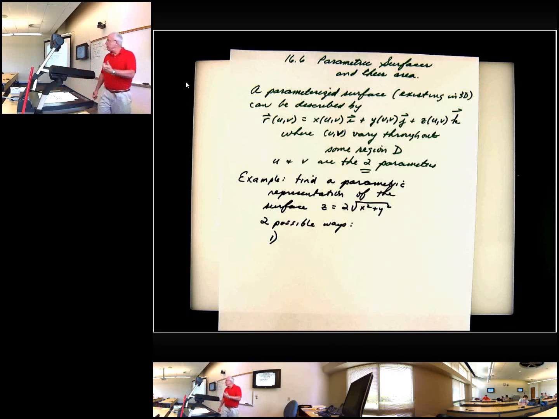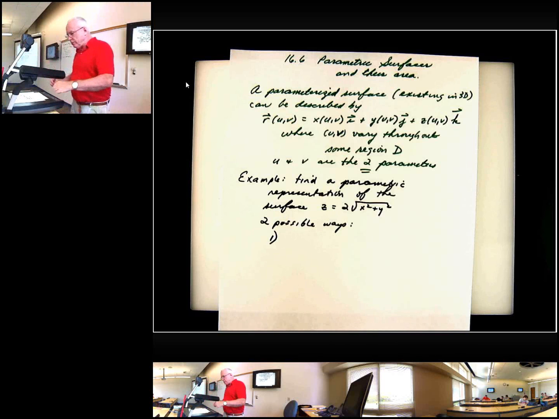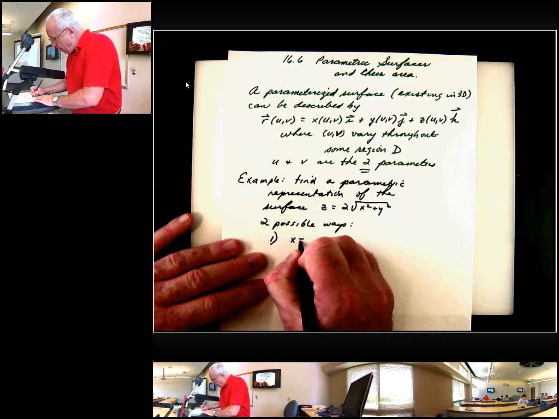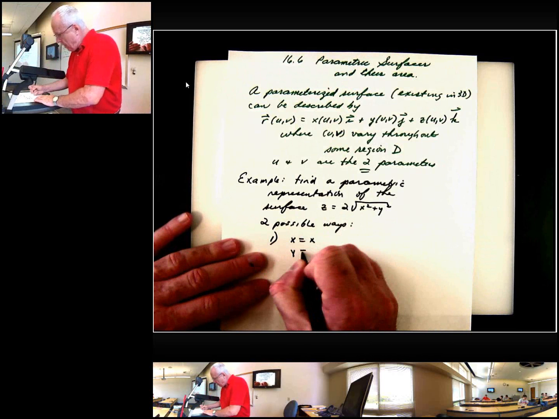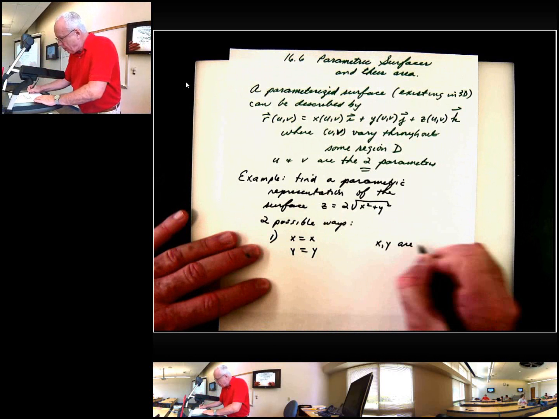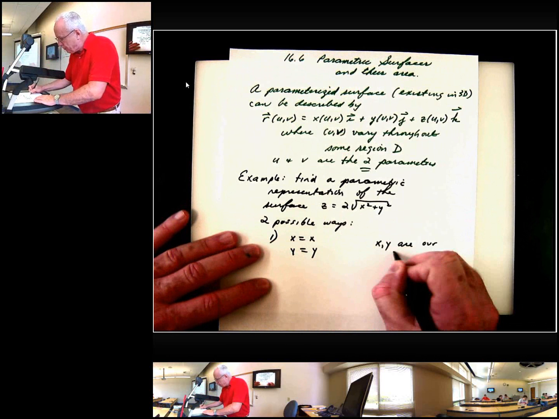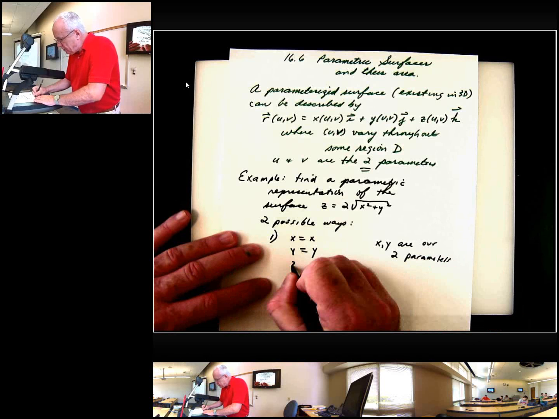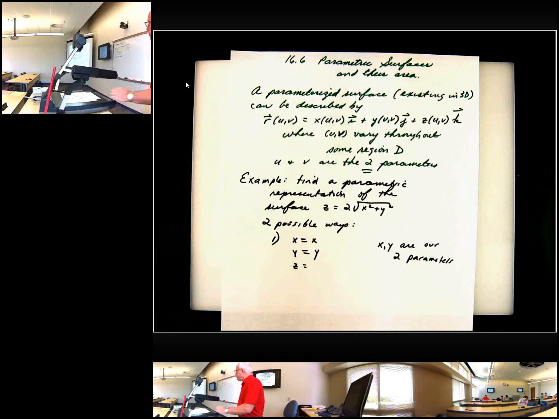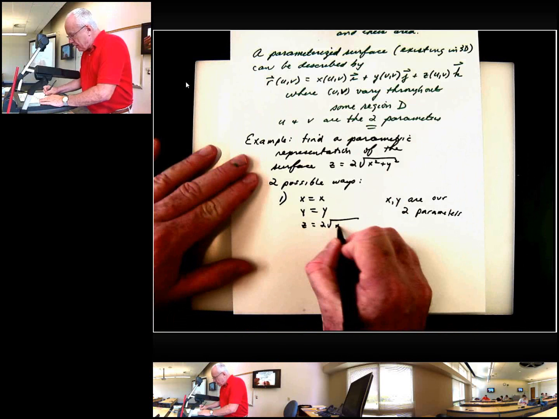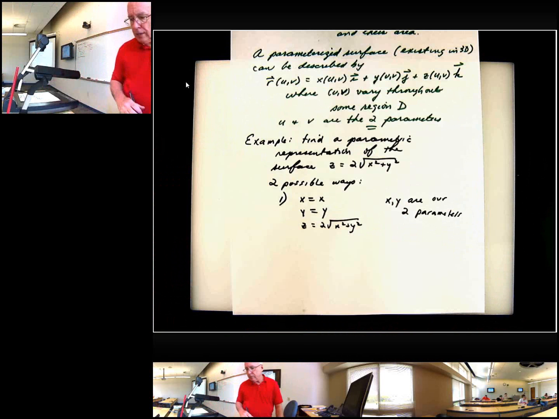So that's a parameterization for x, that's a parameterization for y. x and y are our two parameters. And then z, well, we're given the formula for z, it's equal to 2 times the square root of x squared plus y squared.